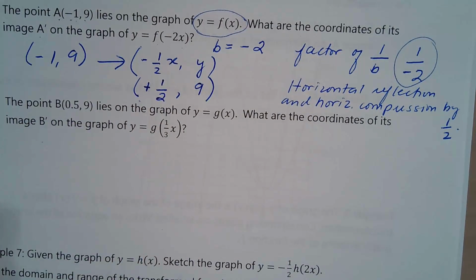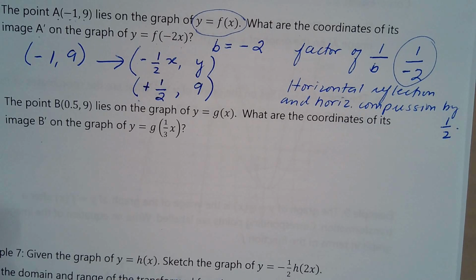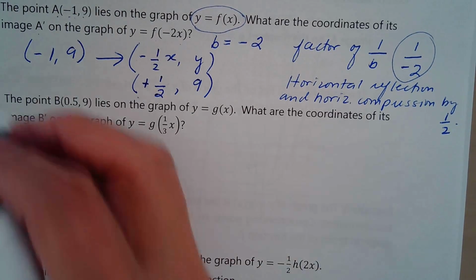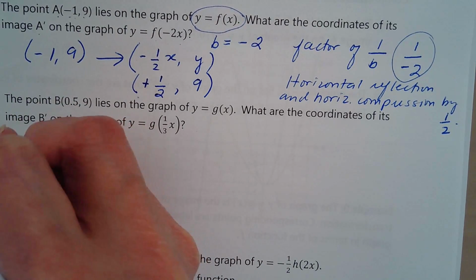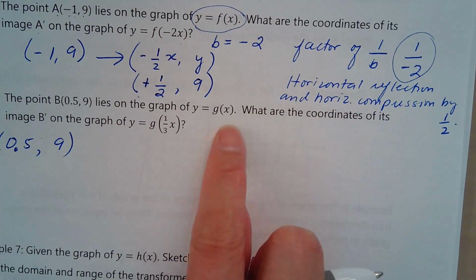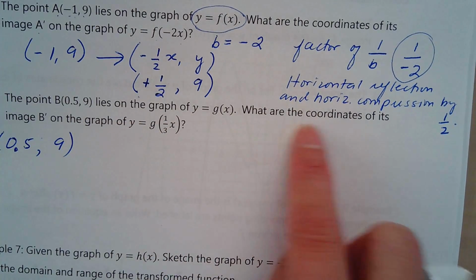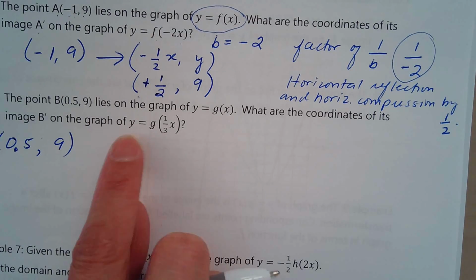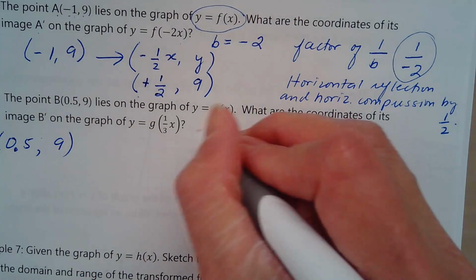Okay, so look at the B. What does the B look like? B is 0.5, 9. It lies on a graph y equals g of x. What are the coordinates of its image where the graph is y equals g of 1/3 x?